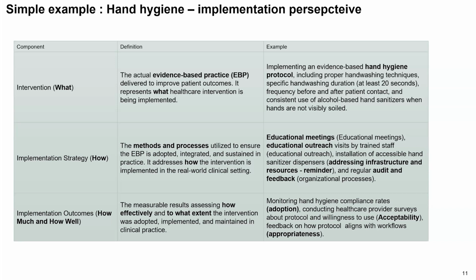And a protocol might include, for example, the specific techniques for hand washing, the frequency, the consistent use of alcohol-based sanitizers, whatever the protocol might include. So that's the what. The how is the implementation strategies, and educational meetings and educational outreach have been found to be effective.